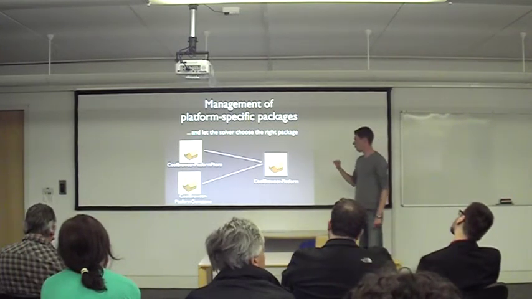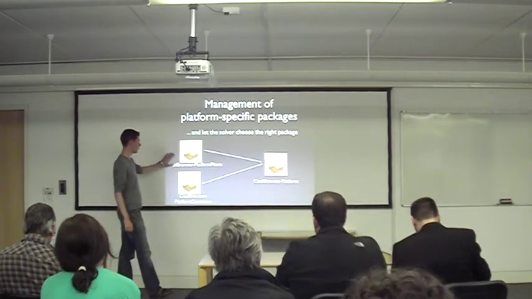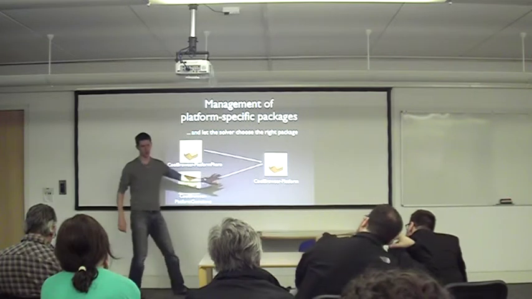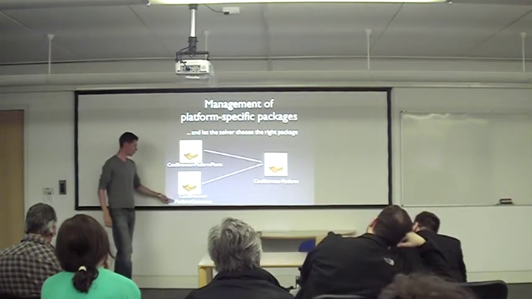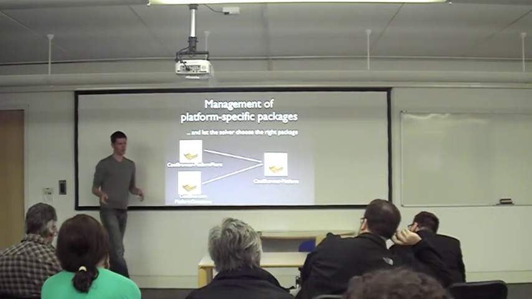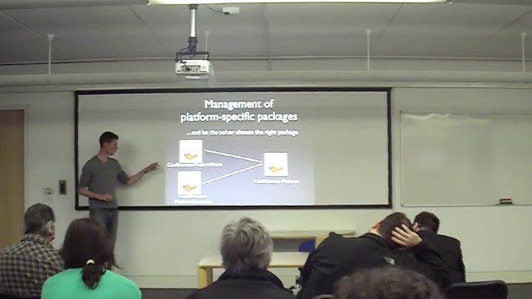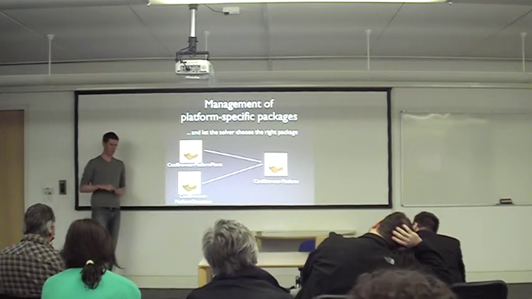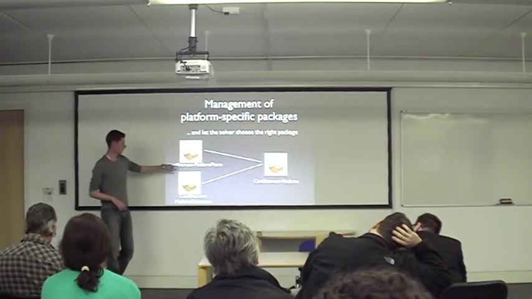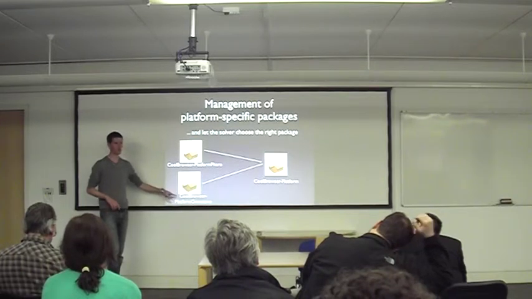If I take the same example as before, I could say, okay, I have the cool browser platform Faro. I'm implementing the cool browser platform virtual package. The cool browser platform gemstone will also implement the cool browser platform. And then, when I am, for example, in my Faro image, I want to install cool browser, it will tell the solver, okay, I'm on the Faro platform, and this package, cool browser platform gemstone, does not fit the platform requirements.